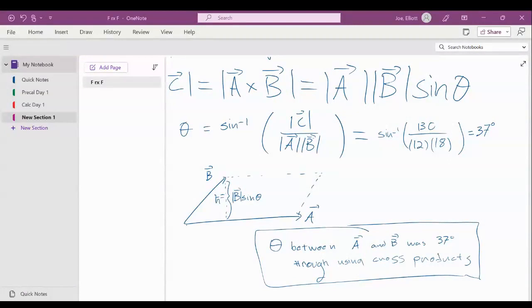Dot product, I don't think it necessarily has the interpretation of area. It's more of a projection thing. There are connections between dot products and cross products, and they use some advanced vector calculus to prove the identities, but they are fundamentally different things.